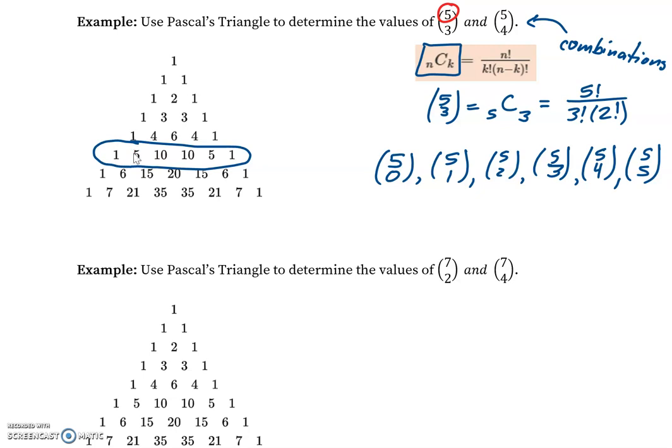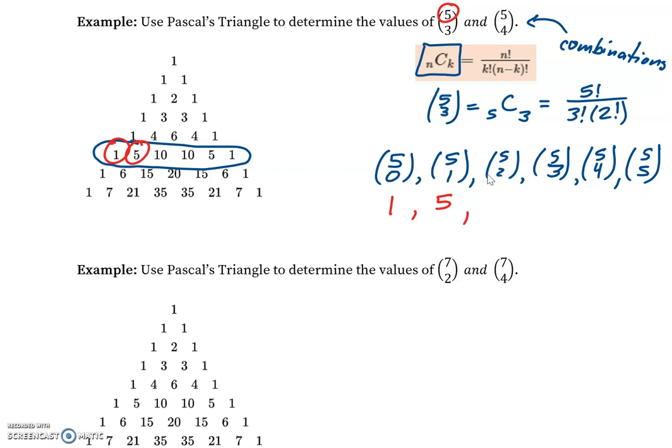So we're going to use this row. And so all this means is that 5 choose 0. So if I have 5 objects and I want to choose none of them, that can be done in one way, right? You can do nothing in only one way. If I have 5 objects and I want to choose one of them, that means I just have 5 different choices, right? I can choose each one of those objects.